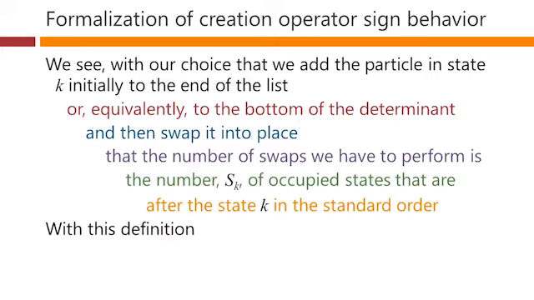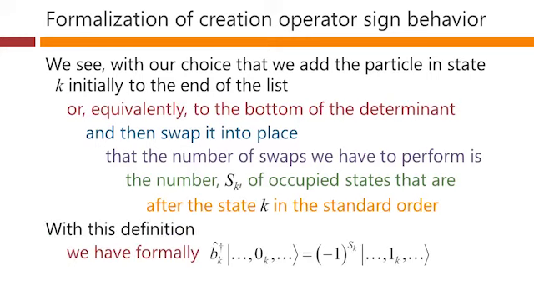With this definition, we have formally when bk dagger is acting on a state where the single particle state K is empty, that we will get minus 1 to the power Sk times this state where the single particle state K is now full. And this number of swaps we had to perform was simply the number of occupied states that are after the state K in the standard order.